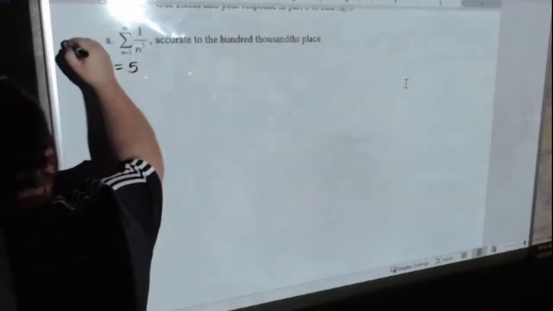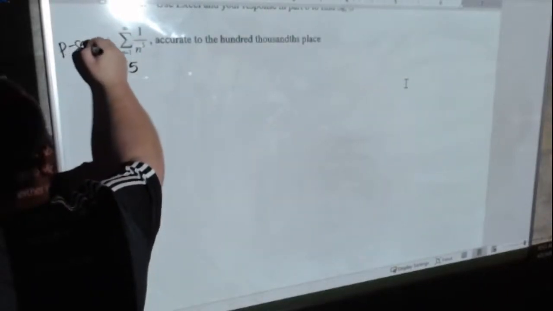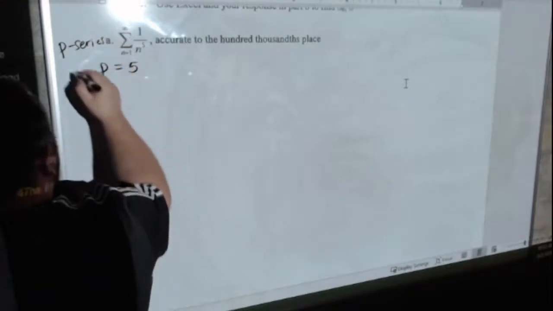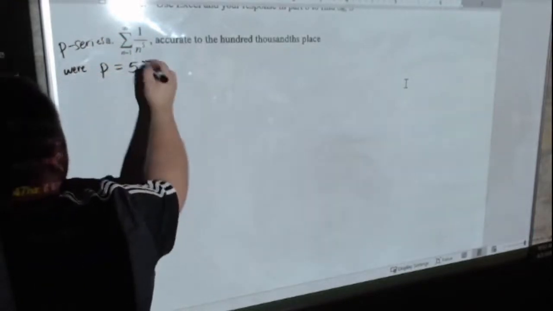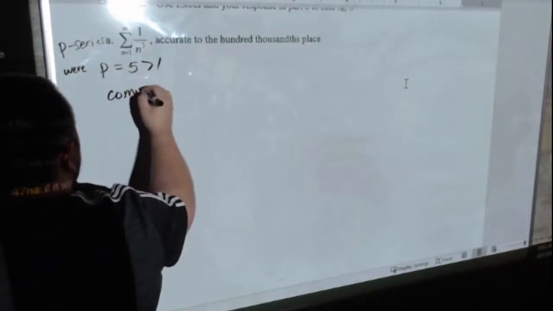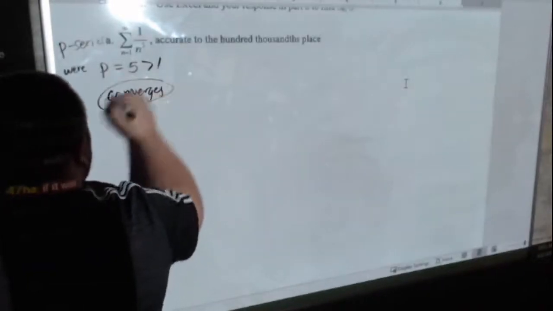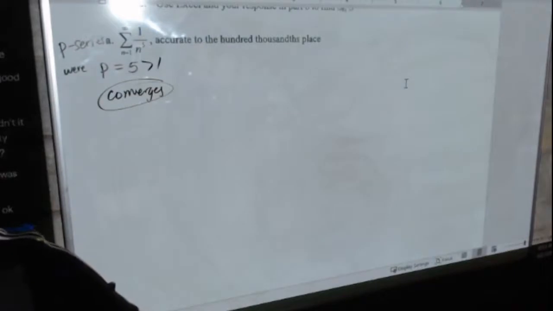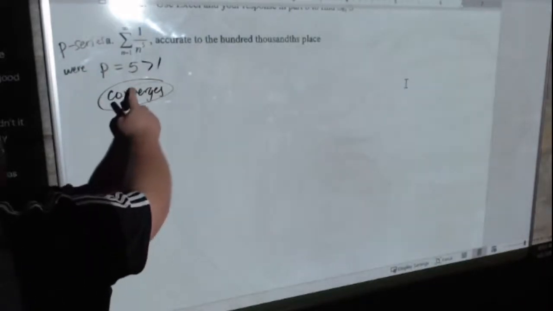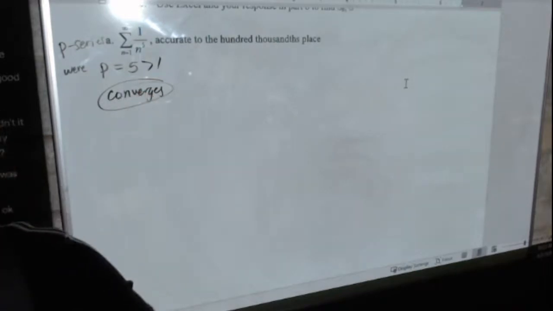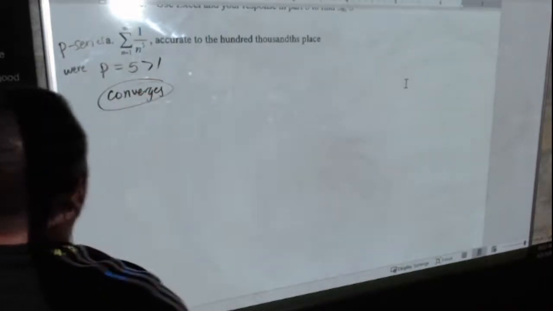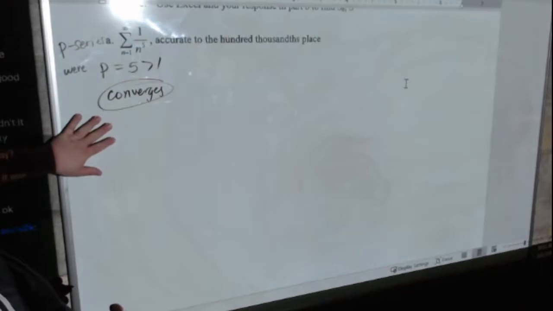So we first say p series where p equals 5, which is greater than 1, converges. So that's enough for part A to show that it converges.